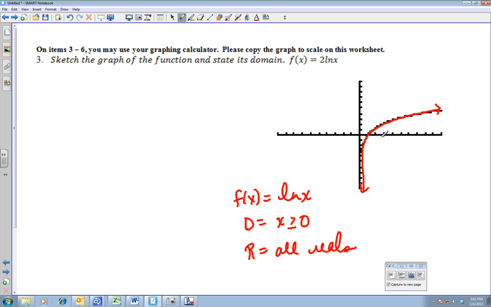Unless they shift this graph over, that's going to be my domain and range every time. So here's the graph of 2 natural log of x. I could do a table of values for this, but again, it wants the domain. My domain for 2 natural log of x does not change. My x's all have to be greater than 0.